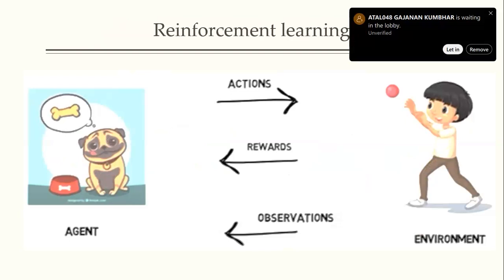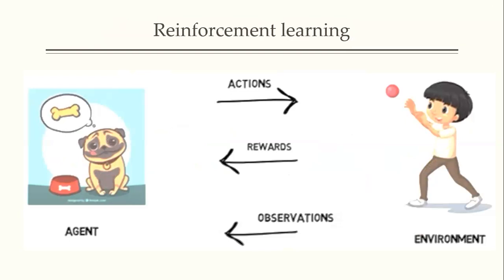First, we will have an agent and environment. By seeing this short example, if you have a dog, and daily the environment throws the ball, then the dog will pick the ball and give it back, then it will be fed.